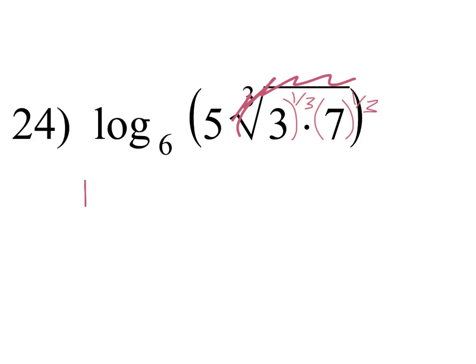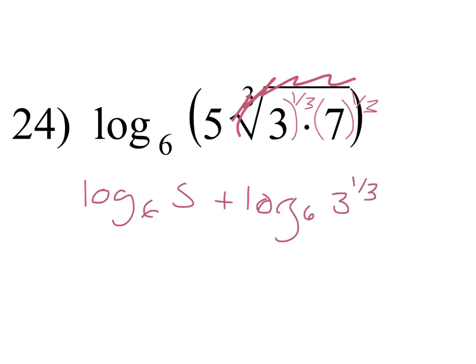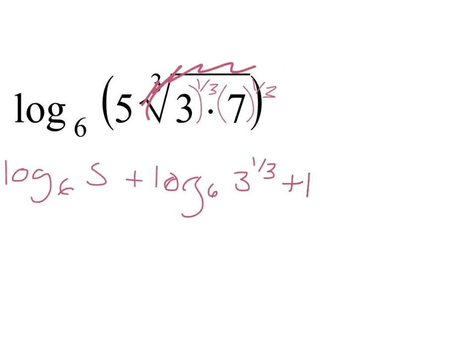So now we have log base 6 of 5 plus log base 6 of 3 to the 1/3 plus log base 6 of 7 to the 1/3. And now we just need to bring our exponents to the front.